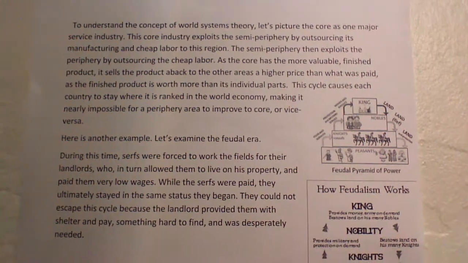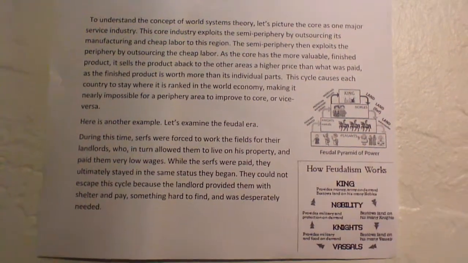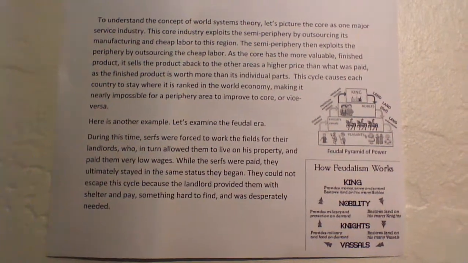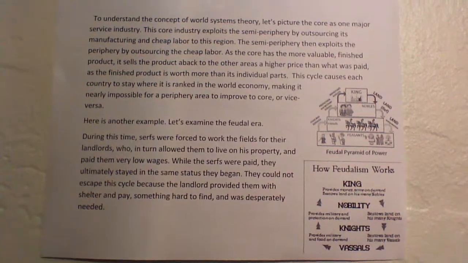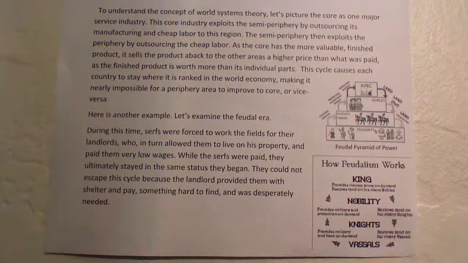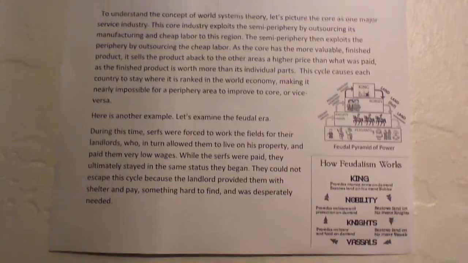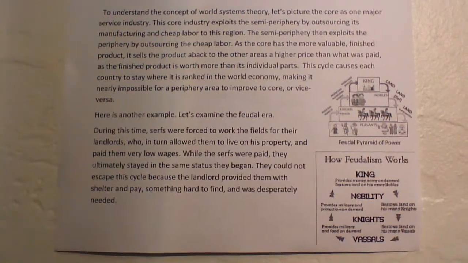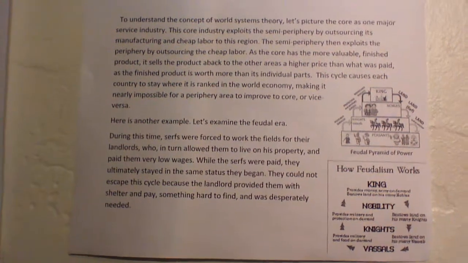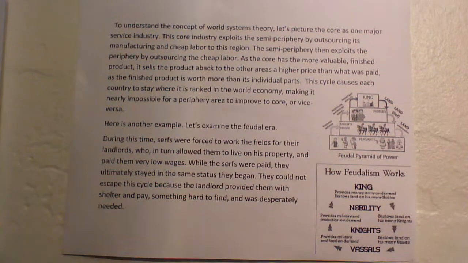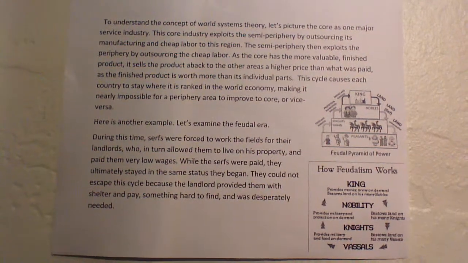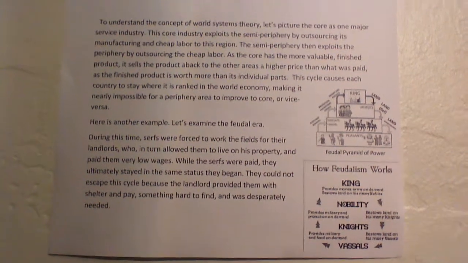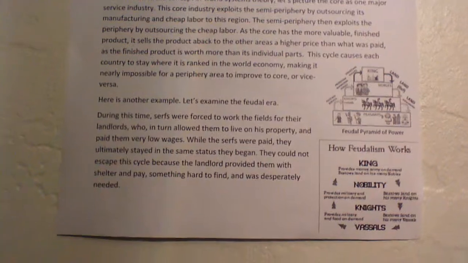The semi-periphery then exploits the periphery by outsourcing the cheap labor. As the core has the more valuable finished product, it sells the product back to other areas at a higher price than what was paid, as the finished product is worth more than its individual parts. This cycle causes each country to stay where it is ranked in the world economy, making it nearly impossible for a periphery area to improve to core, or vice versa.